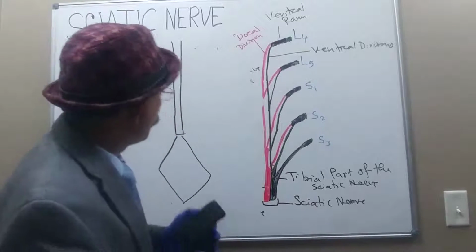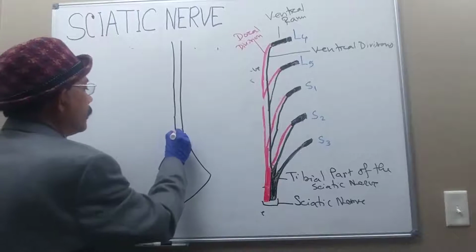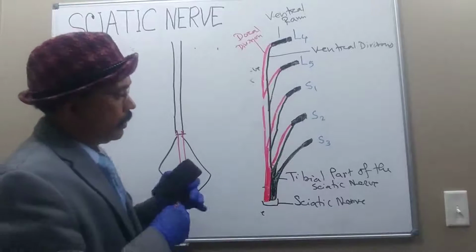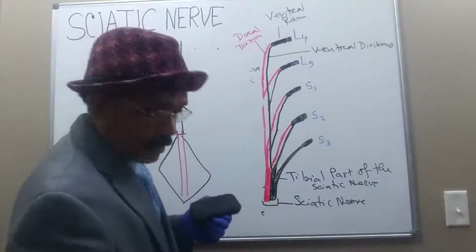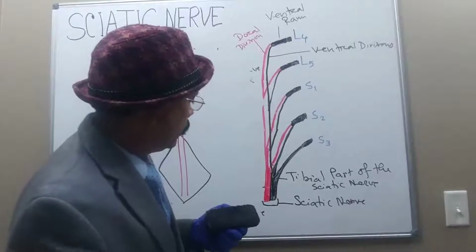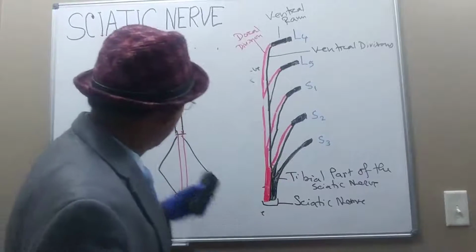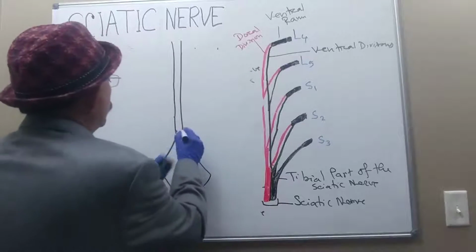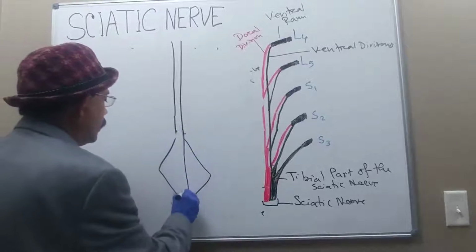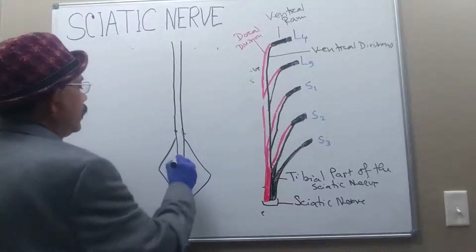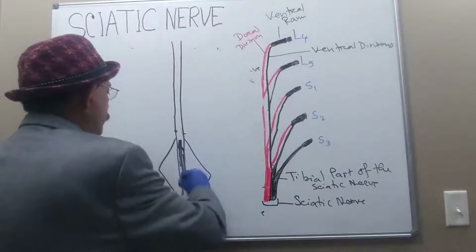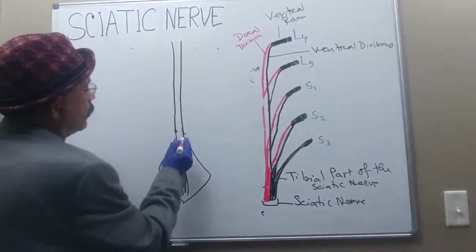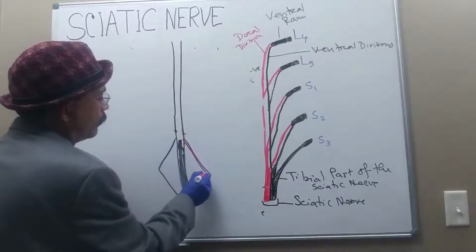One is the tibial nerve, the larger division, and we have also the common fibular.